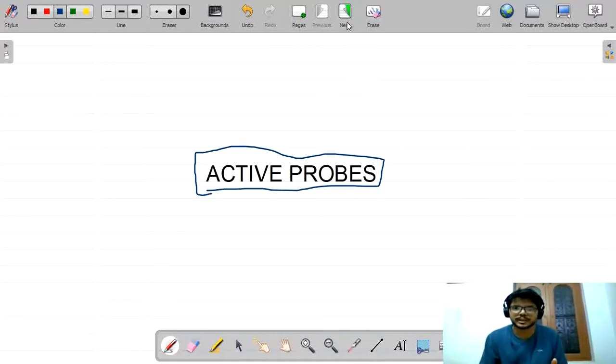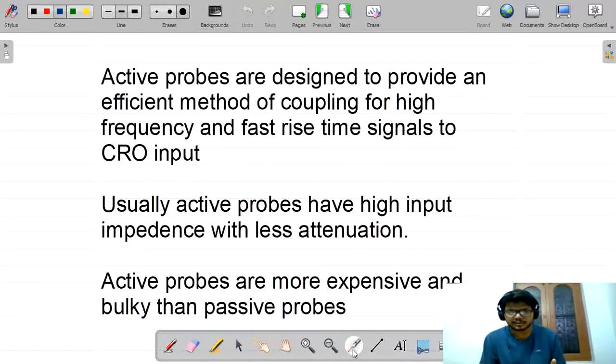Active probes are designed to provide an efficient method of coupling for high frequency and fast rise time signals to the CRO input, where passive probes won't provide this effective coupling. This is the first case.